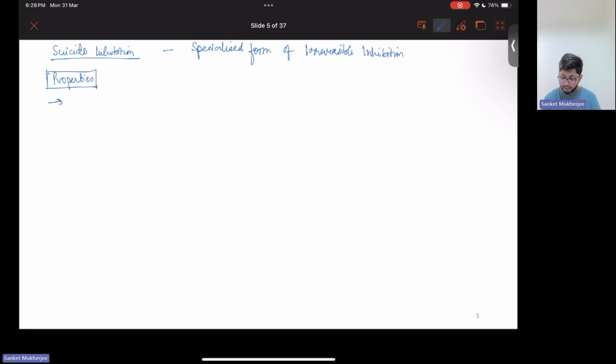Now, there's a special kind of inhibition called suicide inhibition. So what happens in suicide inhibition? It's a specialized form of irreversible inhibition. Fine. If we look at its properties, then it's a mechanism-based inhibition.